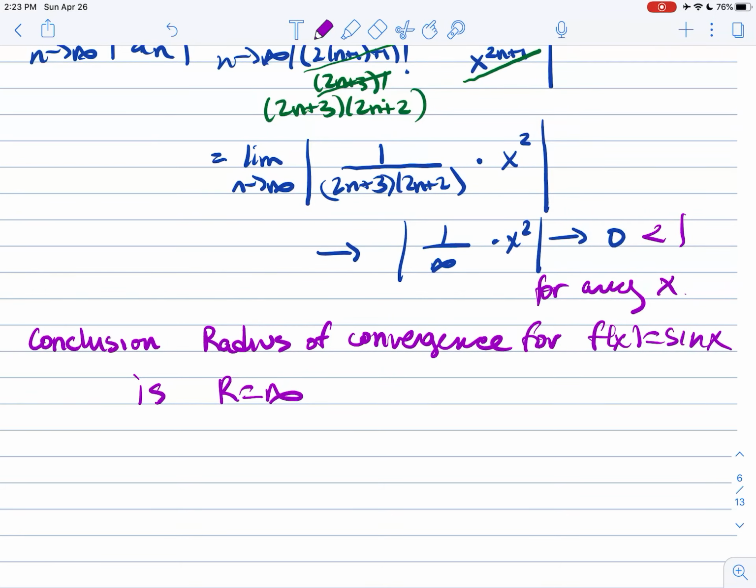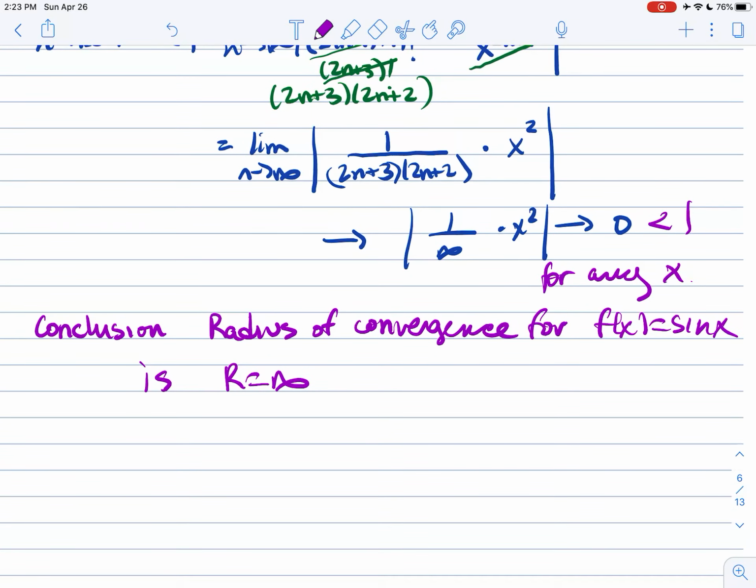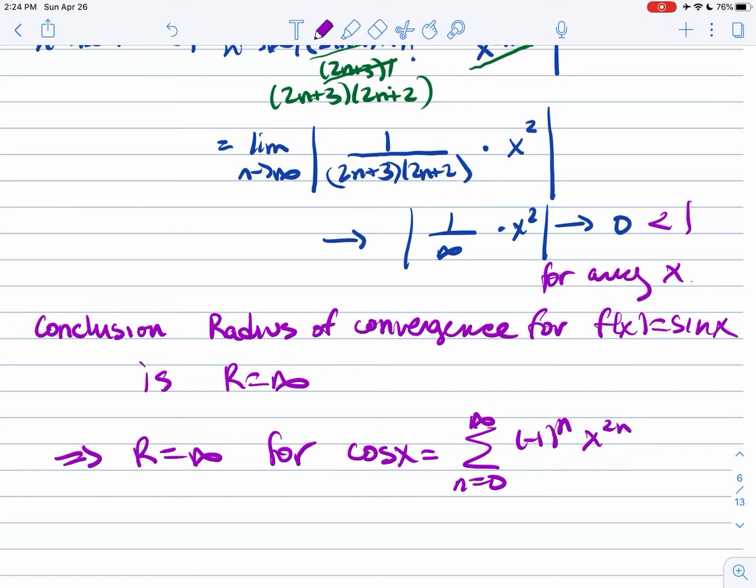And then by extension, the derivative of sine x, its power series cosine x, is also going to have radius of convergence equal to infinity. So this implies r equals infinity for cosine x equal to the sum from n equals 0 to infinity of (-1)^n x^(2n) over (2n) factorial.